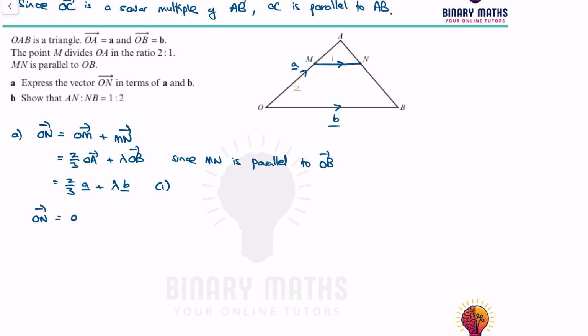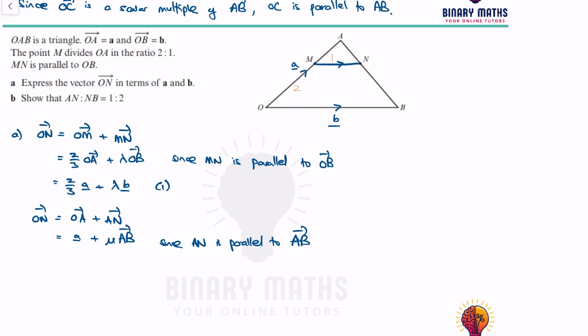Another way of going from O to N is going from O to A plus A to N. But O to A is just A, and A to N lies on A to B, so it's some other scalar multiple of A to B. Let's call that mu.